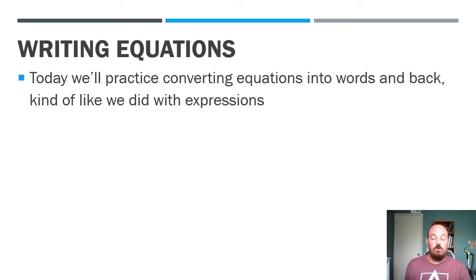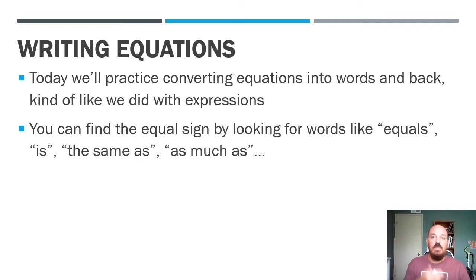Now our first goal for this module, or this chapter, is the same as our first goal for Module 1, and that's to practice going back and forth between equations and words. So think about all the same things we talked about in Module 1, where "and" could mean add, things like that.